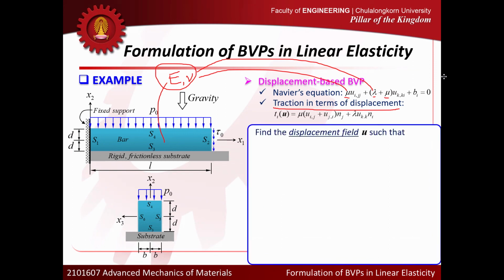This is the final formulation that I have. I would like to find the displacement field u that satisfies this equation, the Navier equation, for every point x in the body.